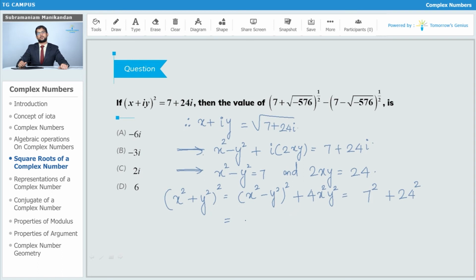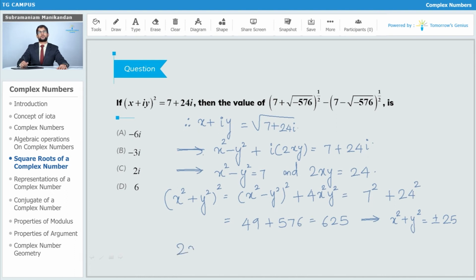So this is equal to 49 plus 576, which is equal to 625. So this gives us x square plus y square is equal to plus or minus 25, because 625 is the square of 25. So now we have x square plus y square is equal to plus minus 25 and x square minus y square is equal to 7.